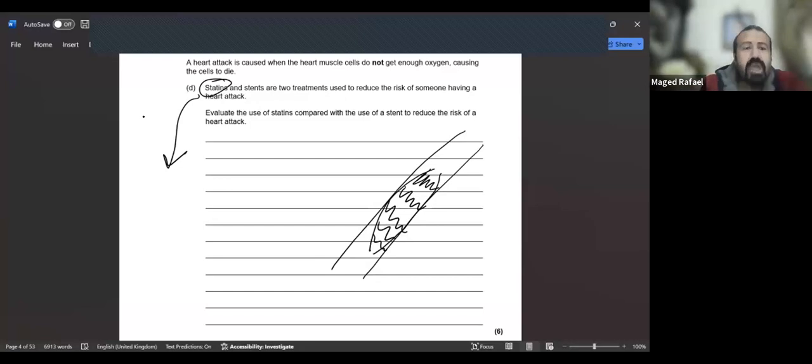So the advantage of statins, it's easy to take. It decreases blood cholesterol. It slows down buildup of fatty materials in arteries, and low cost. There is no operation. There is no surgical operation.